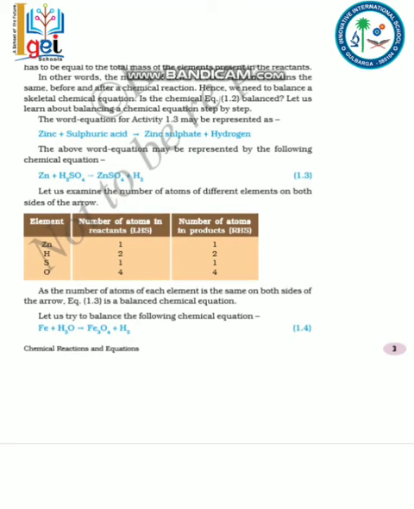On the product side, you observe that you have one atom of zinc, one atom of sulfur, four atoms of oxygen, and two atoms of hydrogen.